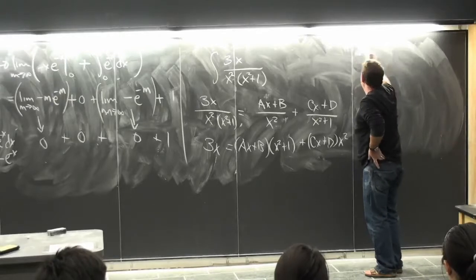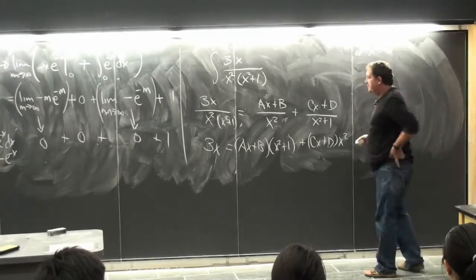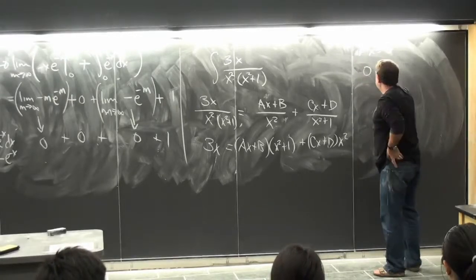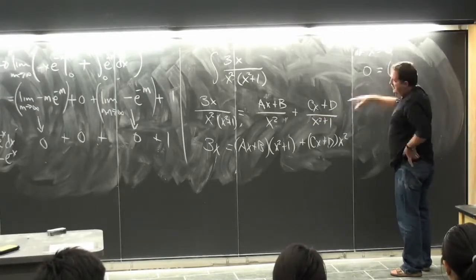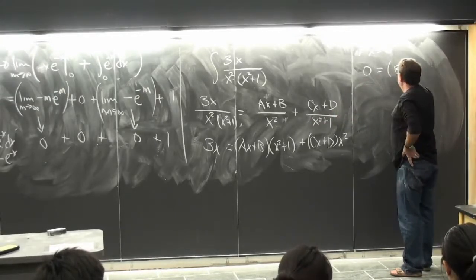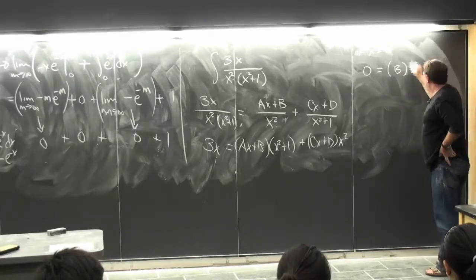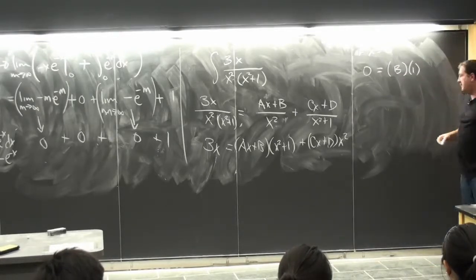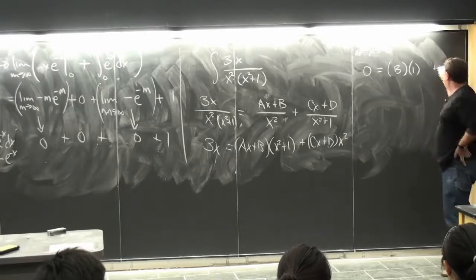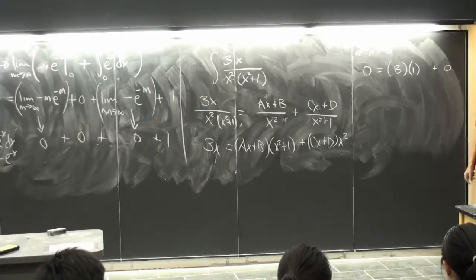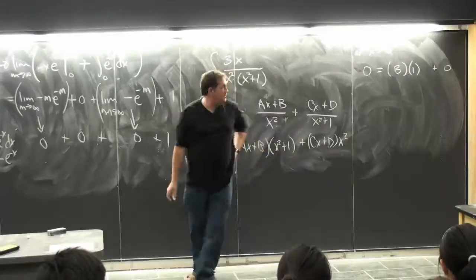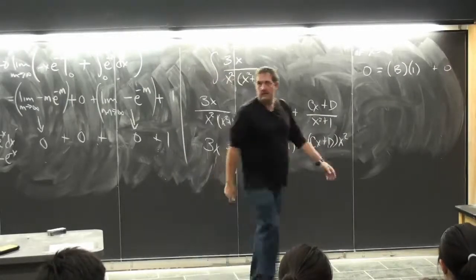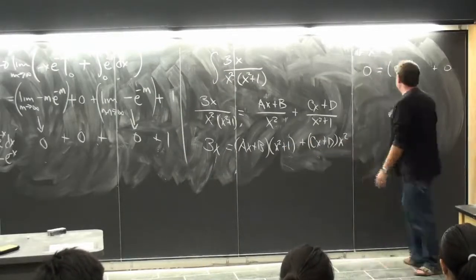For example, if x is 0, I get 0, 3 times x is 0, equals a times 0 plus b times 1, because x squared plus 1 is 1, plus 0, because x is 0. So plugging in x equals 0 kills everything and tells me immediately b is 0. So b is 0.